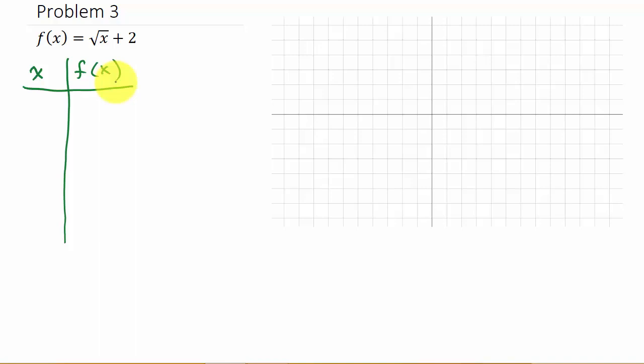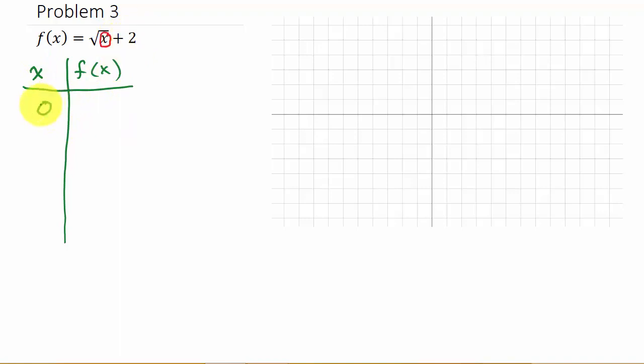If you pick your numbers a certain way, it just makes it easier to graph. This is what I usually go by when I choose the numbers. The first number I choose: I look underneath the square root and ask, what makes the expression underneath the square root 0? In this case, it's just 0.